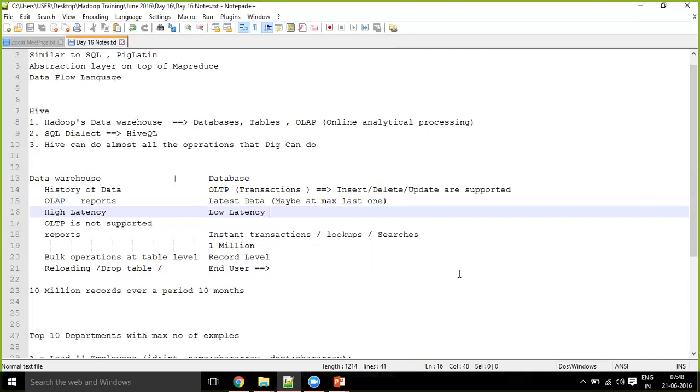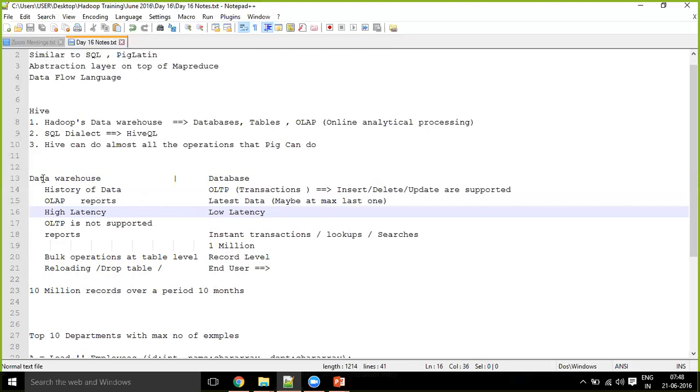Latency is nothing but your response time. Since you have less amount of data in the database, obviously the results will be faster. Okay, and this purpose of database is used to support the end user transactions.